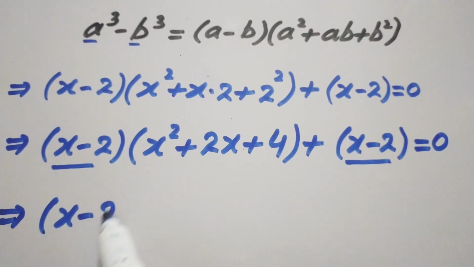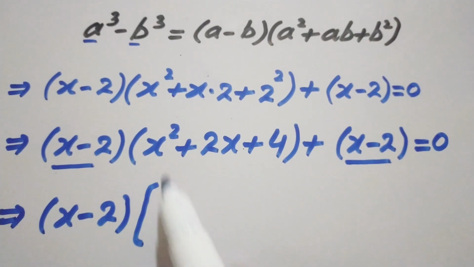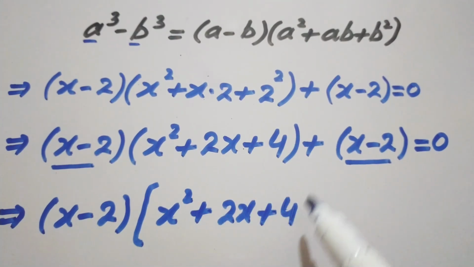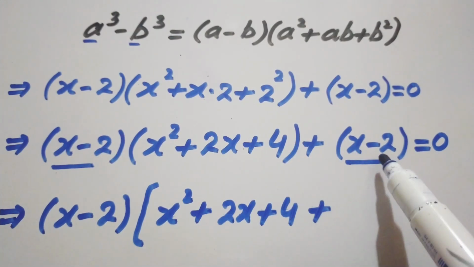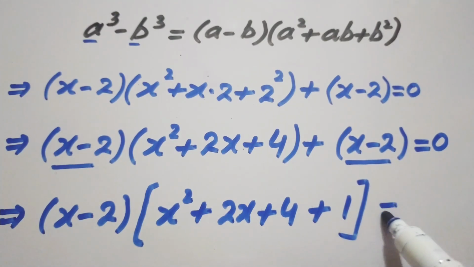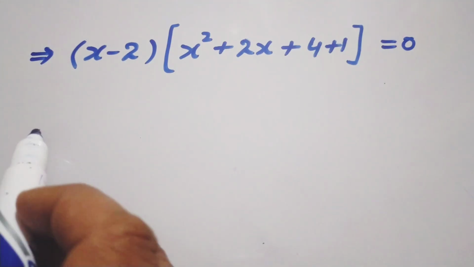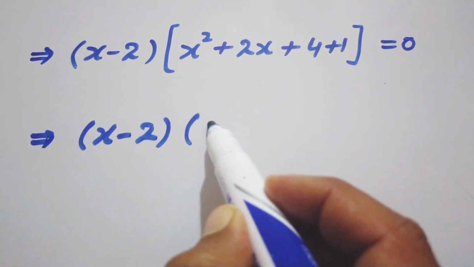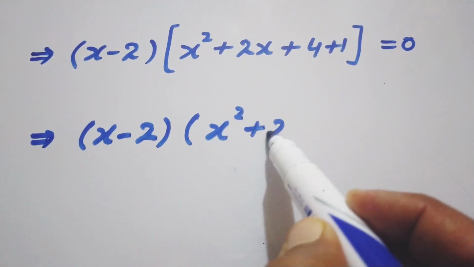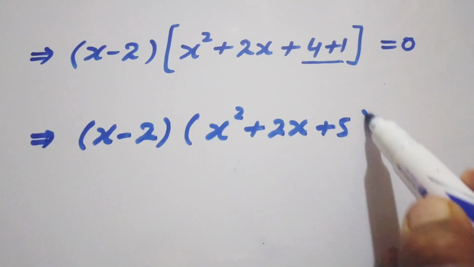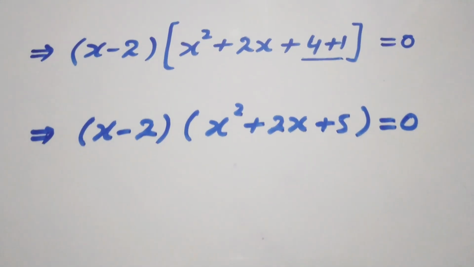So x minus 2, and inside the bracket x squared plus 2x plus 4 plus, as x minus 2 we have taken common, inside 1 will be left, is equal to 0. Now x minus 2 into x squared plus 2x plus 4 plus 1, 5, is equal to 0.